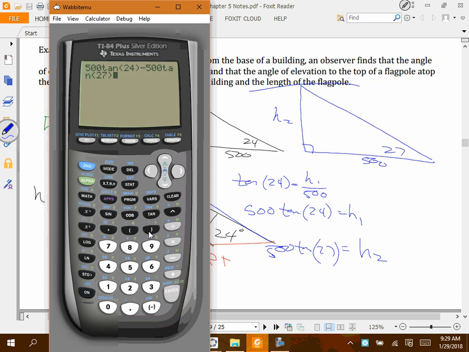When I hit enter, it's going to be a negative number, because visually, think about my picture. Isn't H2 a bigger number? So when I type them this way, I do get a negative number, but distance always has to be what? Positive. When you're dealing with distance, it doesn't matter the order that you subtract, as long as you take the absolute value. I'm just going to take the positive version of whatever number I get back. So 32.14 feet would be the length of that flagpole.